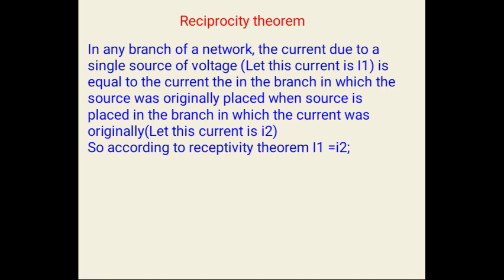Let this current be I1. Now in the second case, we place the voltage source in that branch in which current was found, and we find the current in the branch in which the source was originally placed. Let in this case the current be I2. So according to the reciprocity theorem, I1 should be equal to I2.